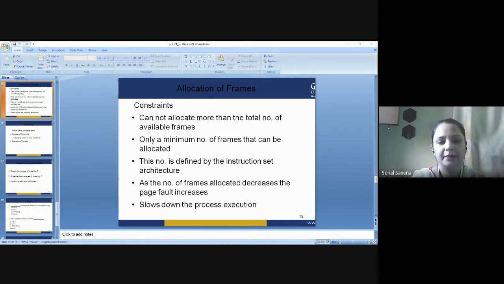Now, if the minimum allocations cannot be met, then the processes must either be swapped out or not allowed to start until more free frames become available. This is what we call the allocation of frames.